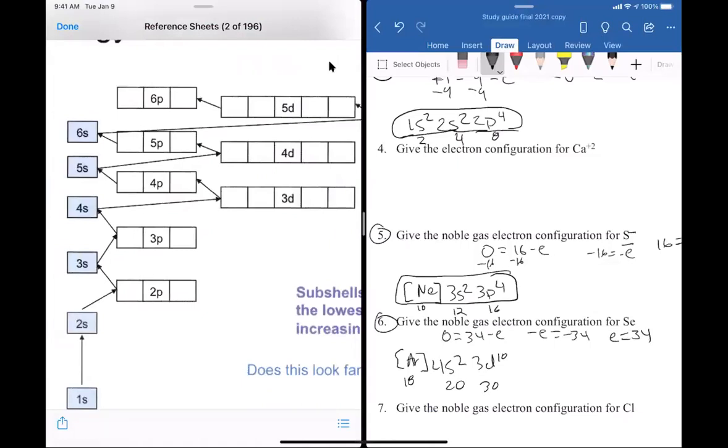And then after 3d, where does 3d point after? 4p, yep. And remember, we just need 4 more, so that would be just 4. That way we have 34, and this would be our noble gas configuration.